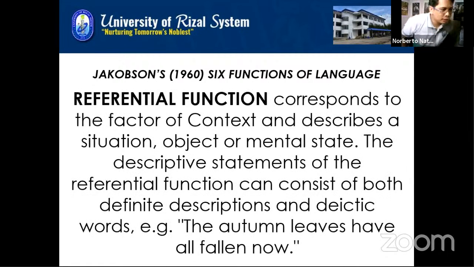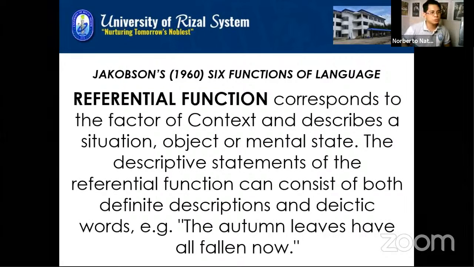Then we have referential function. It corresponds to the factor of context and describes a situation, object, or mental state. The descriptive statements of the referential function can consist of both definite description and deictic words. Okay, the autumn leaves have all fallen now.